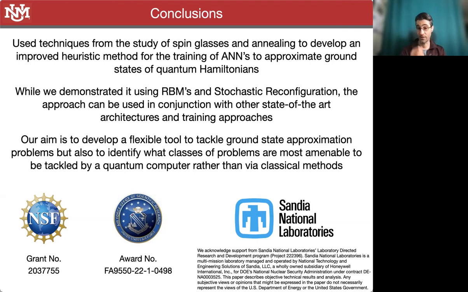What some people do, and this can result in dramatic improvements, is if ahead of time you have an inkling of what the relative phases of the ground state need to be, and you hard code that in your artificial neural network, that also can make the training easier.